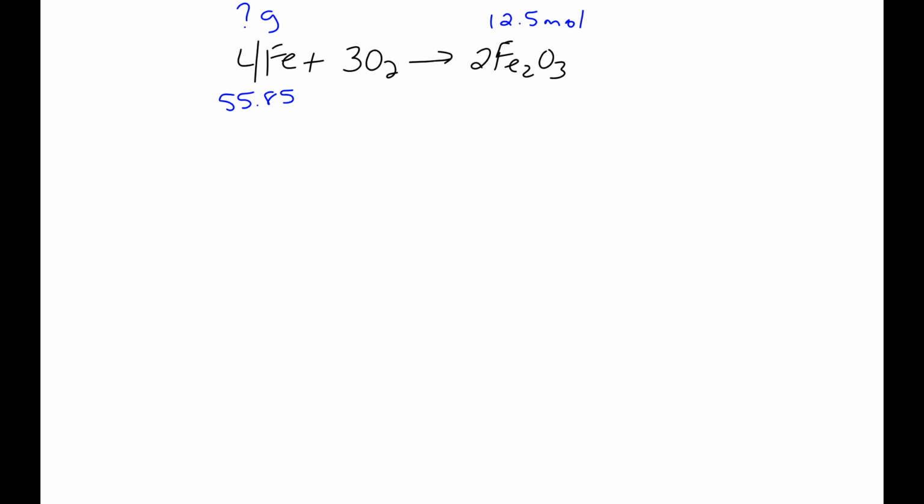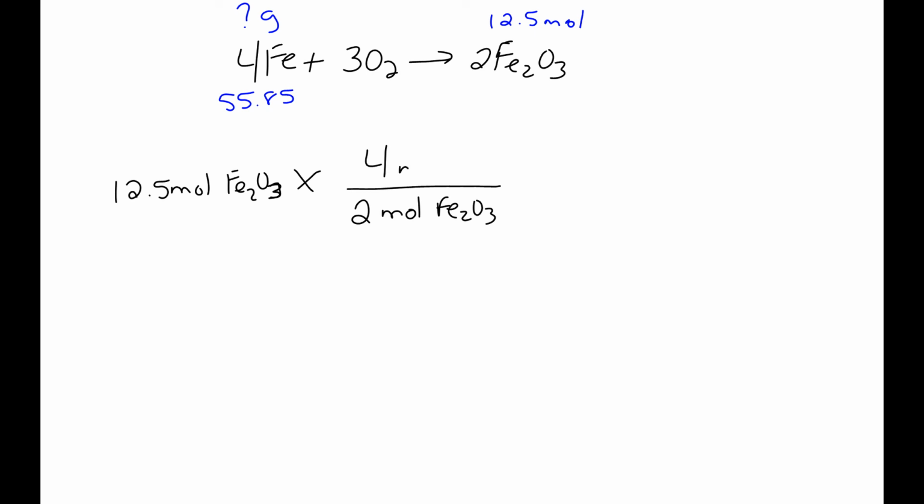Okay, so here we're going to start with the 12.5 moles of Fe2O3, and then I'm going to write a times. I know my first step is a mole-to-mole conversion, so that tells me what to do. I need to do 2 moles of Fe2O3 and 4 moles of Fe. So my moles of Fe2O3 cancel.